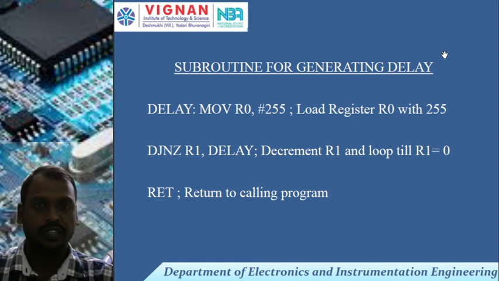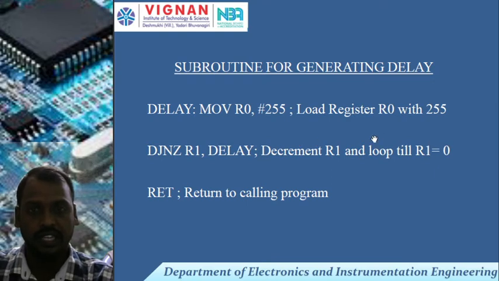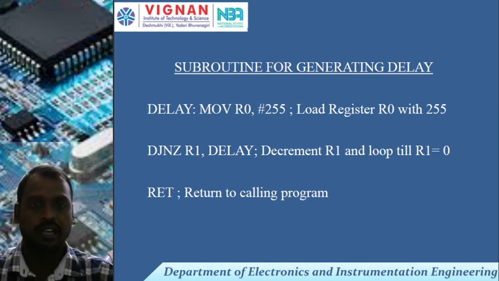Here is a subroutine for generating delay. Suppose you are writing a program and in the main program you need to generate a delay. How do you write it? Observe here, the program delay: move r0 comma hash 255, load register r0 with 255, that means the value 255 is moved into the r0 location.